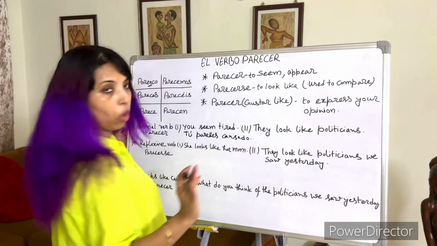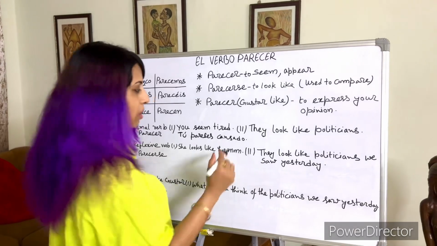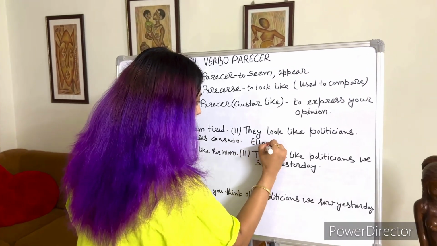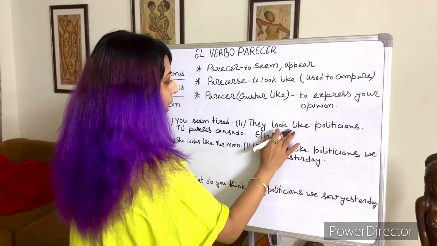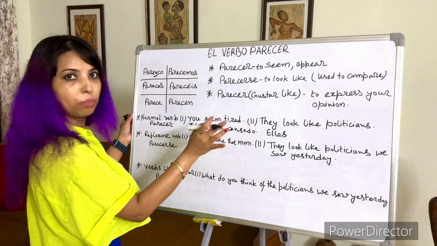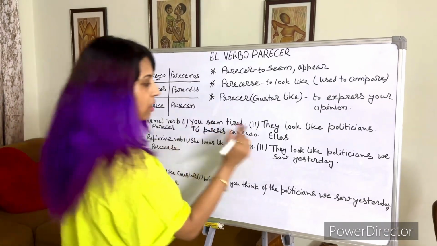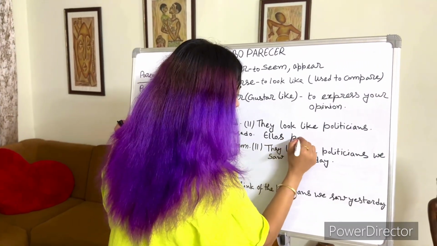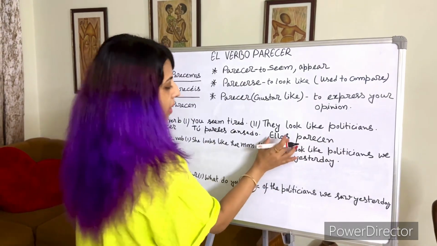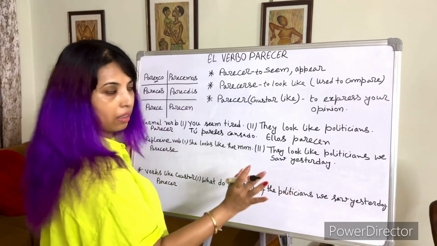They is ellos, third person plural, and then the normal conjugation of parecer for third person plural, that would be parecen, or you can say just parecen.